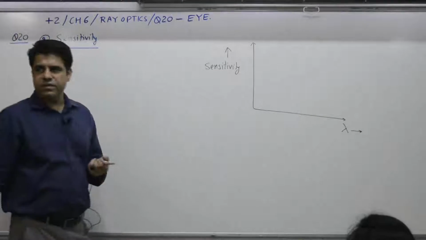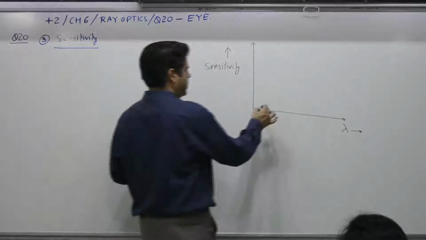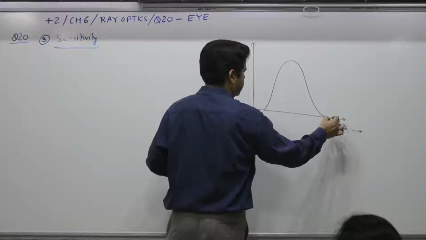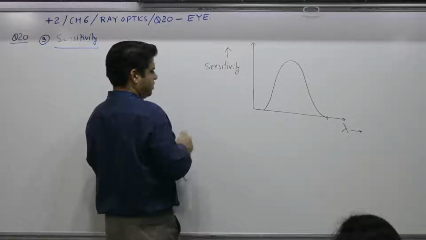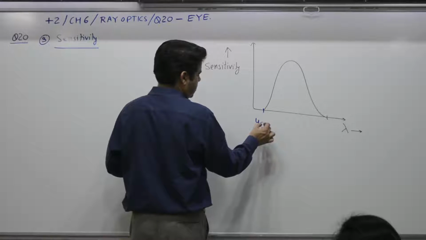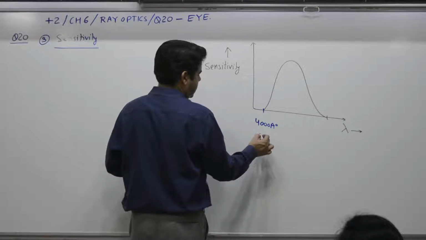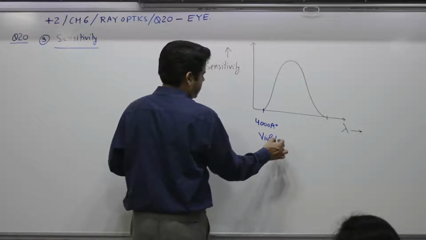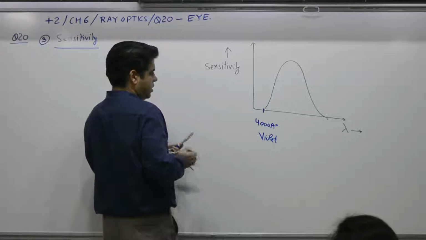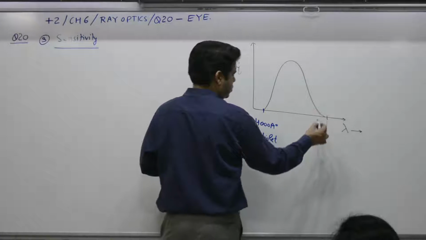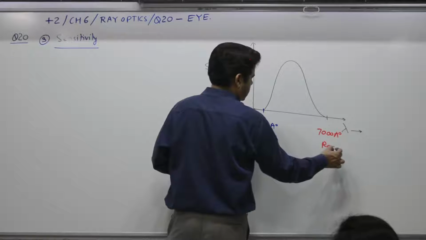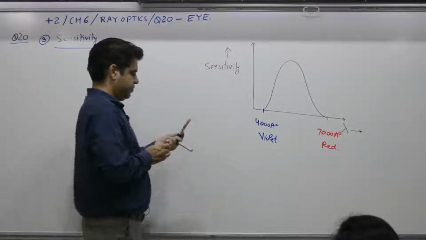It ranges from 4,000 to 7,000 angstrom. This is 4,000 angstrom and the color is violet. This is how it starts. And 7,000 angstrom is red.